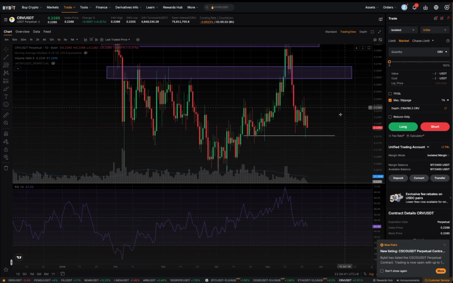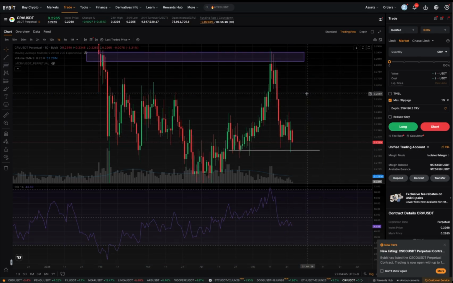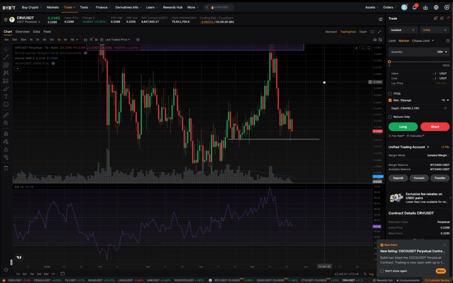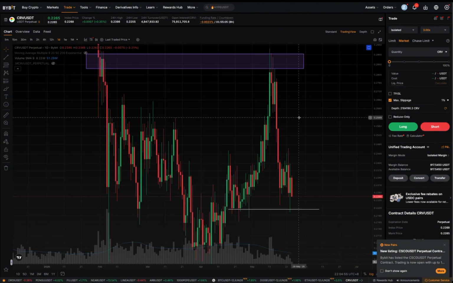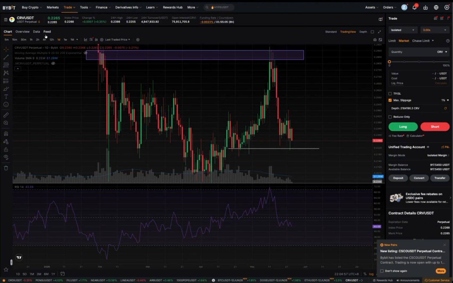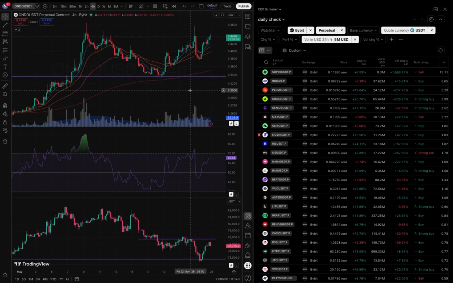So this is practically high here, down here. We could actually remove this for a clearer picture. See, it broke above these highs, but then it crashed back down because of how Bitcoin was moving.